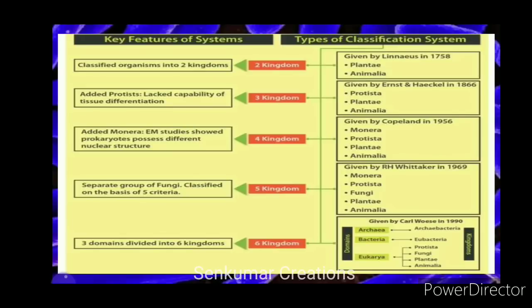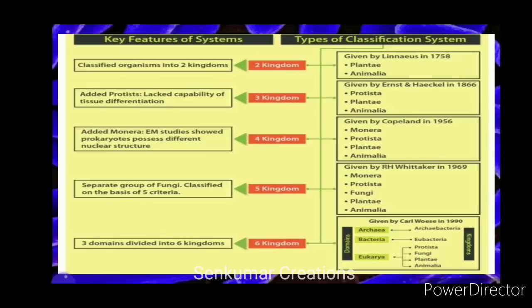And six kingdom classification: three domains divided into six kingdoms. What are the three domains? Archaea one domain, Bacteria one domain, and Eukarya one domain. Archaea, archaebacteria, and Bacteria, eubacteria, and the eukaryote domain can be classified. The fourth kingdom onwards again Protista, fungi, Plantae, Animalia.